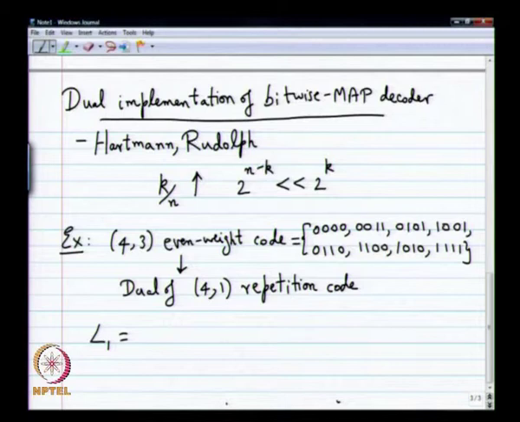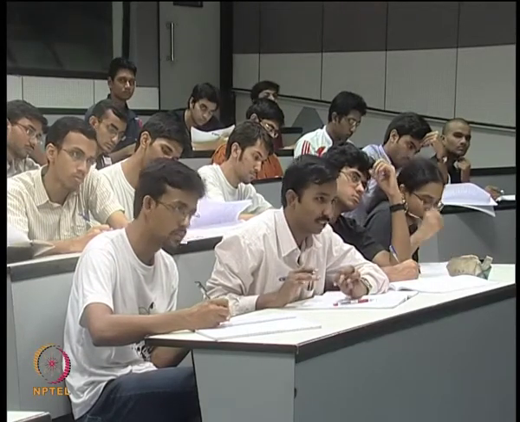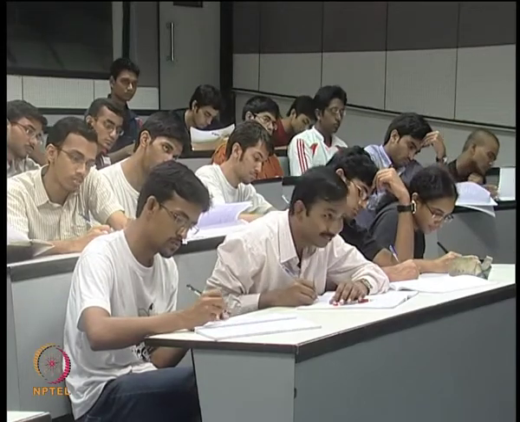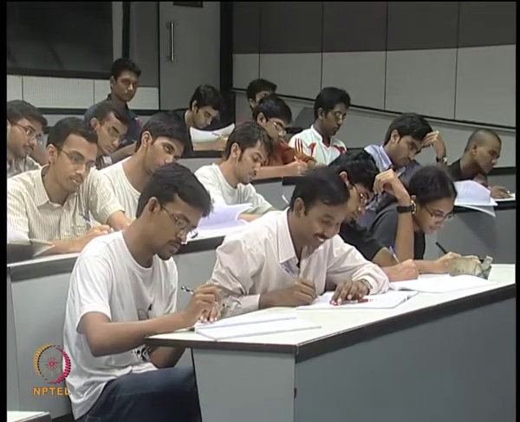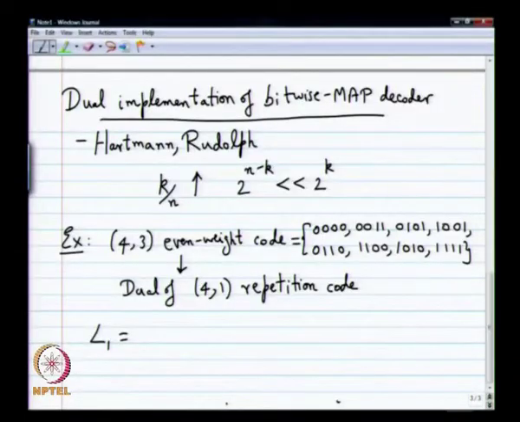So you will have a form similar to before. You will have 4 terms in the numerator and then 4 terms in the denominator. BPSK over AWGN, minus 1 plus 1, everything with sigma squared, those things I am not going to repeat for every single situation, that is assumed.